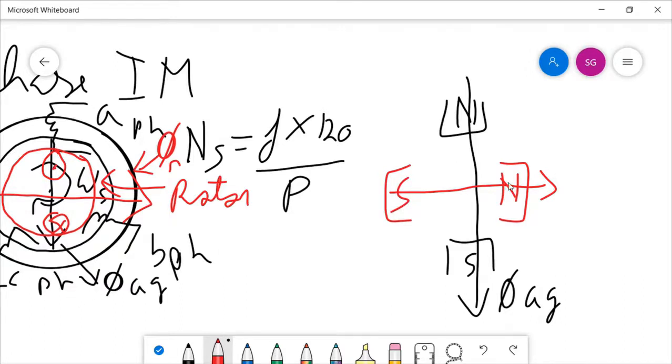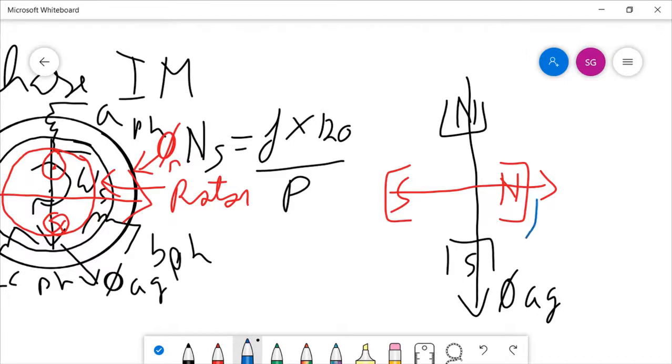Okay, now we can see that these magnets are oriented perpendicular to each other. So what will happen? This north pole will be attracted toward this south pole, and because this rotor can rotate on its axis, it will experience a torque.